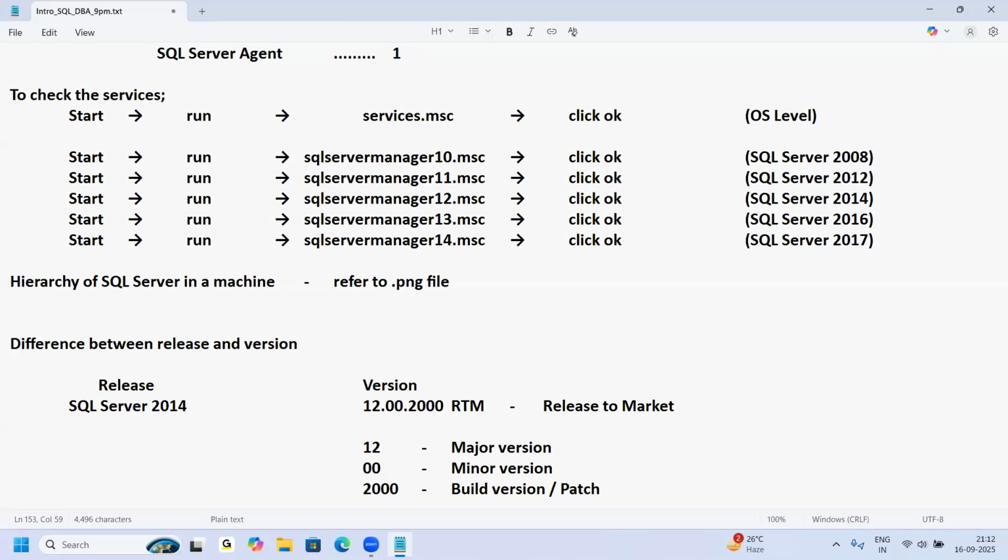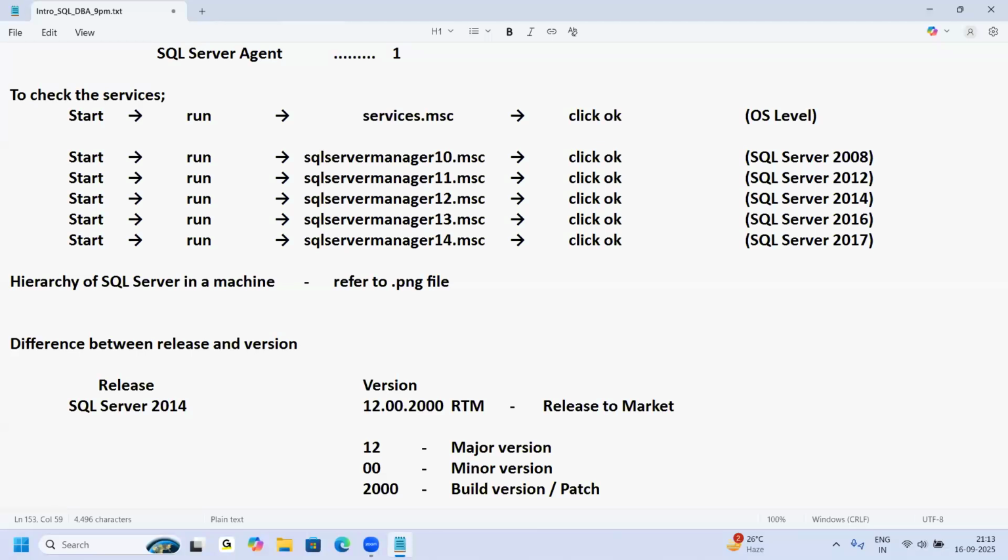I purchased the software, I have a license, but it is not supporting me. Microsoft will listen to your problem and raise a ticket. They want to check in their R&D department. After checking, if they really find that SQL Server 2014 is not supporting Python, that will be considered a bug in the software.